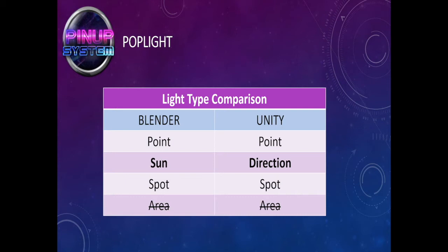Now, I should mention that you can create these different types, a point, a sun, a spot in Blender. It won't really matter. You could make them all points in your model, but it all comes down to the way you name the light itself in Blender. Because PopperVR is translating those names and creating those types of lights within Unity.